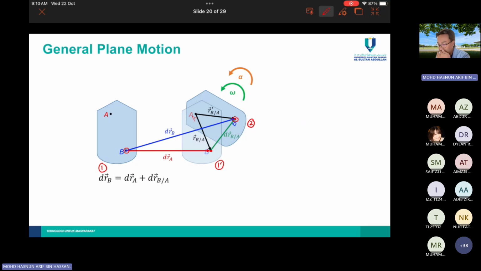So now we can write the equation. If you can extract the triangle here, in vector we always work with triangles. So we have one pointing this way, another one pointing this way, and this one pointing in this direction.